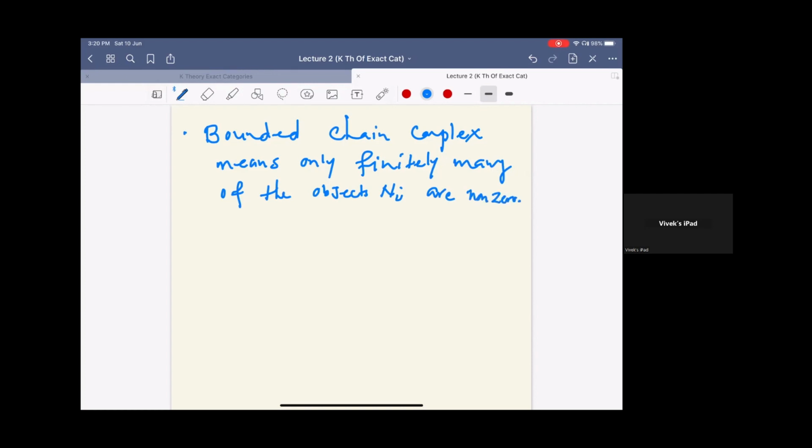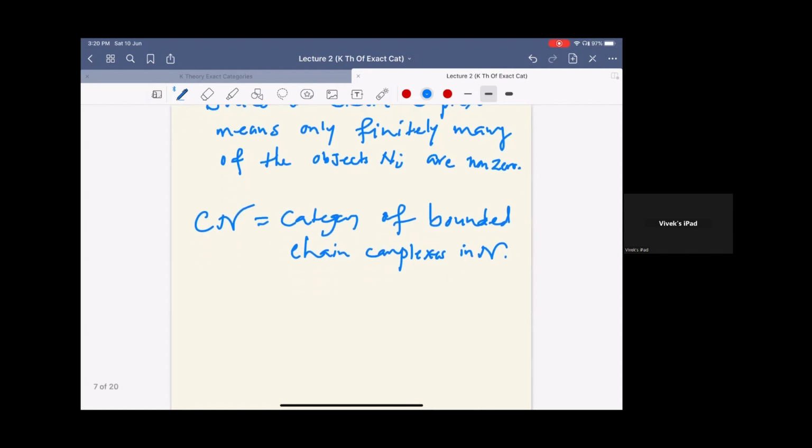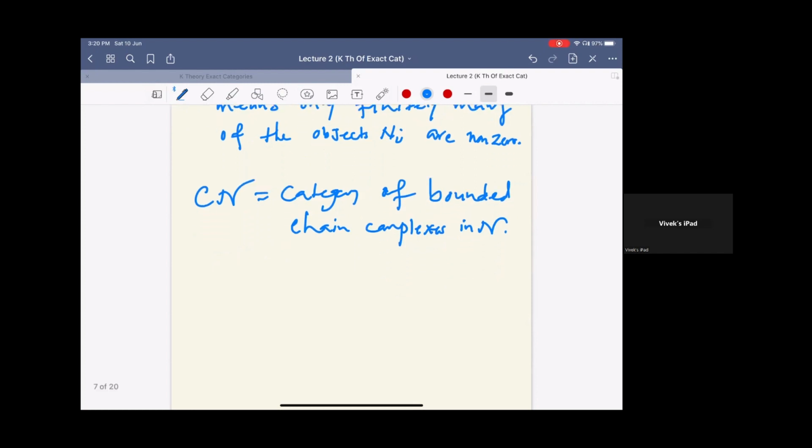And a chain map between two chain complexes is a sequence of maps which commute with the differential. So now we have a category C_b(N), the category of bounded chain complexes in an exact category. Because we have a notion of chain complex and a notion of morphisms, it forms a category. Of course, one has to check the properties, but it is a category of bounded chain complexes in an exact category N.